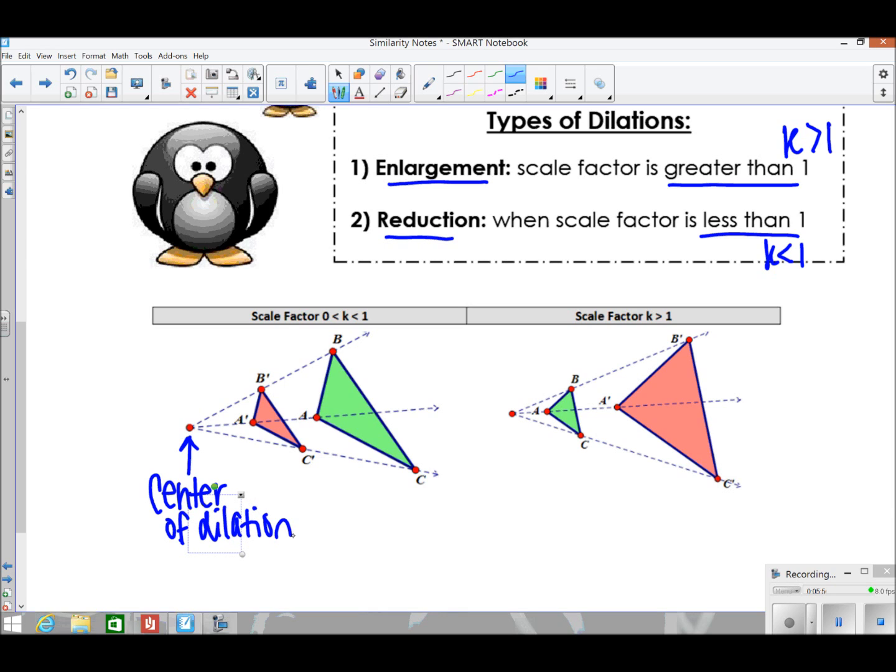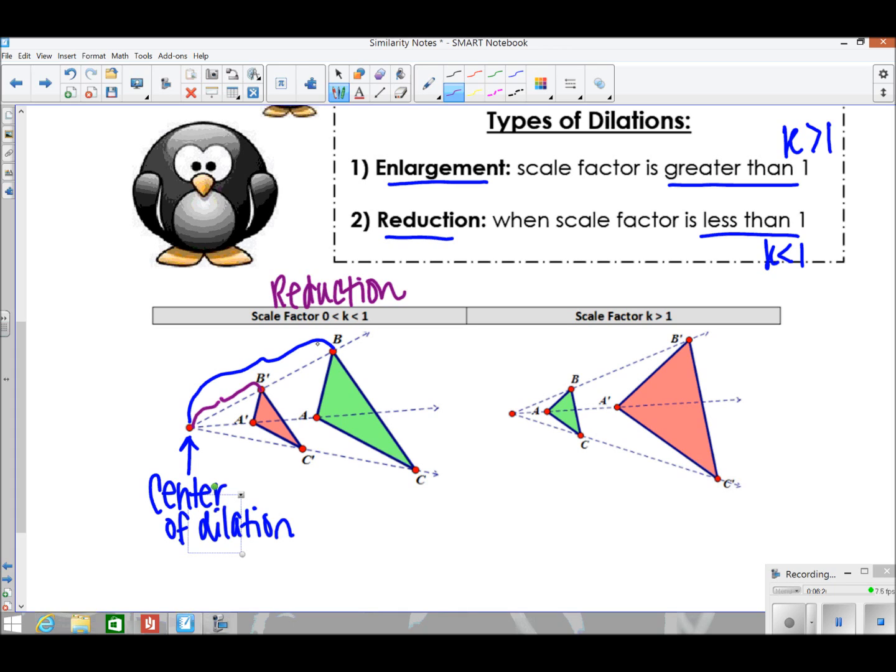And what happens when we're doing these dilations, well, if you look at the distance from the center to the original point B, and then after you do the reduction, because this one's going to be a reduction since the scale factor is between 0 and 1, that distance now from the center to B prime looks as if it's half as big.